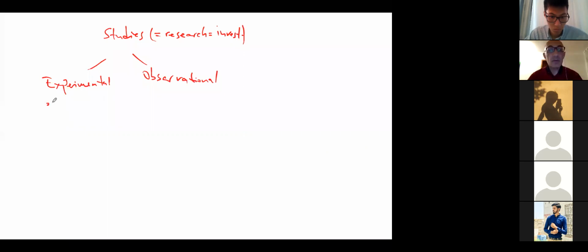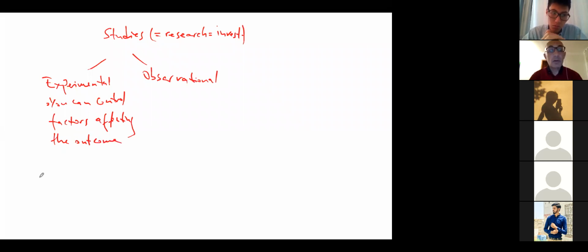You can control factors affecting the outcome. Our example is diabetes.